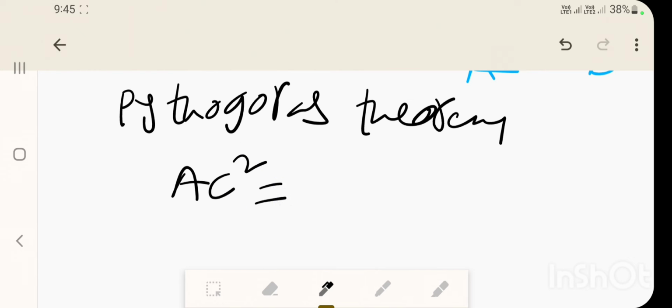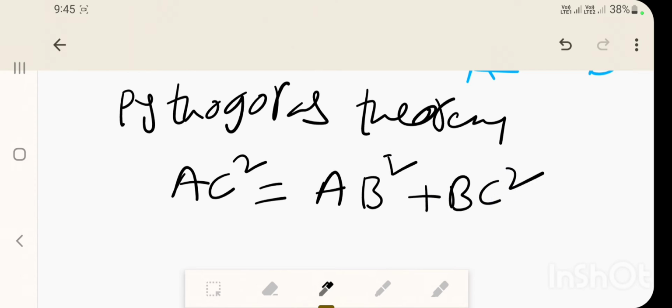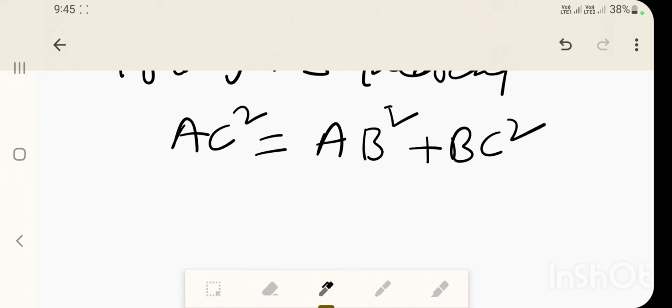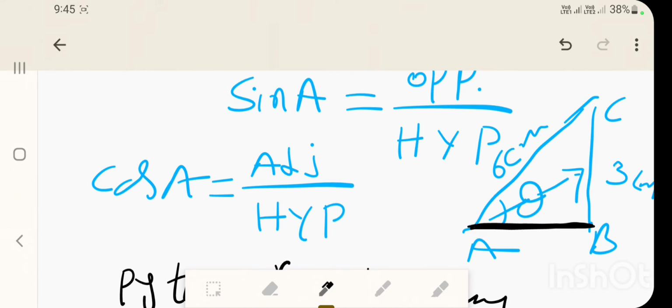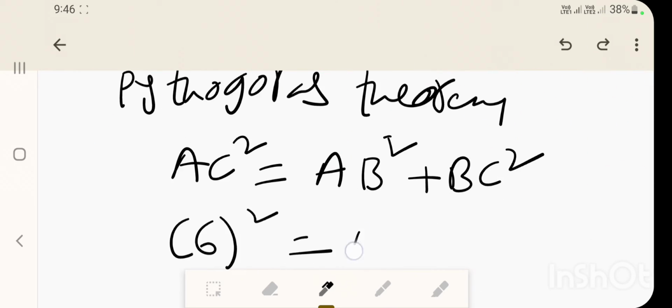We know that hypotenuse square is equal to opposite side square plus adjacent side square. All these AC, AB, BC are nothing but lengths. The hypotenuse is given, 6 square. The opposite side BC length is given, 3 square, and we need to find AB square.